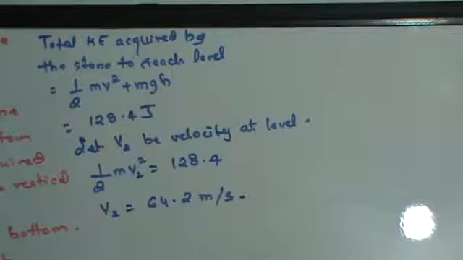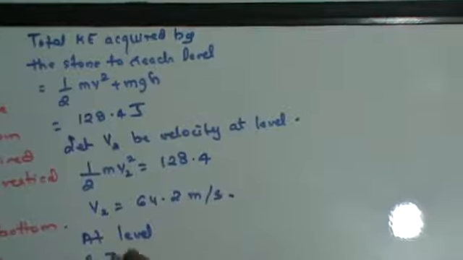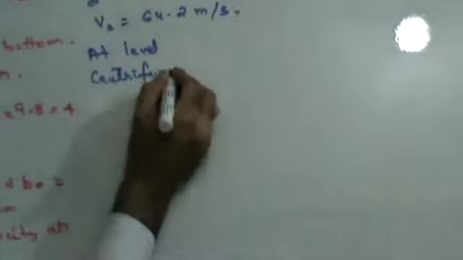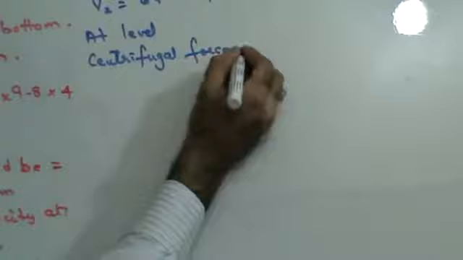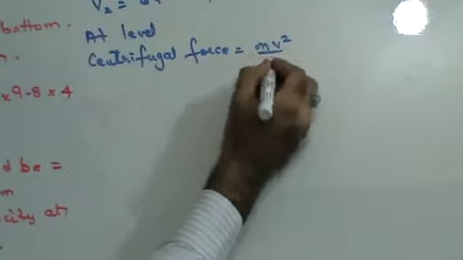Now, what are the forces acting on it at point P when it is reaching level? One is going to be your centripetal force, that is mv square by r. At level, the centrifugal force is going to be mv square by r.